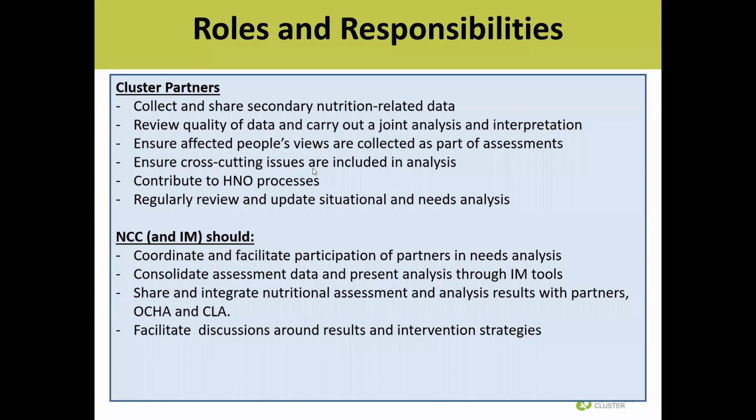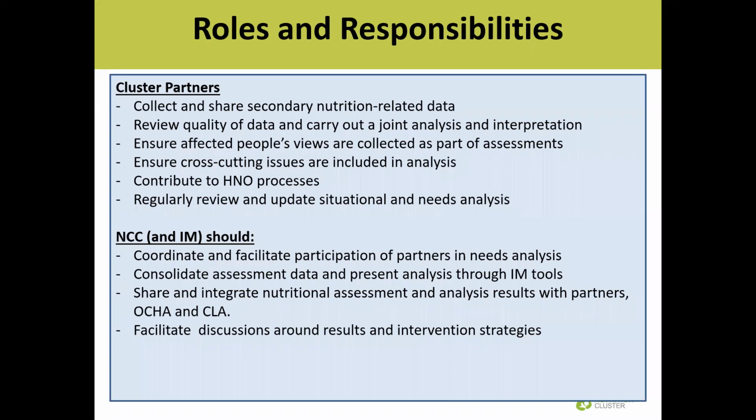As mentioned by Marcus earlier, it has to be a very consultative process with active participation of partners. It is not meant to be done by a few selected members or prominent agencies, or just by the experts within the coordination team. It should be the responsibility of everyone. So the process needs to be consultative and participatory.